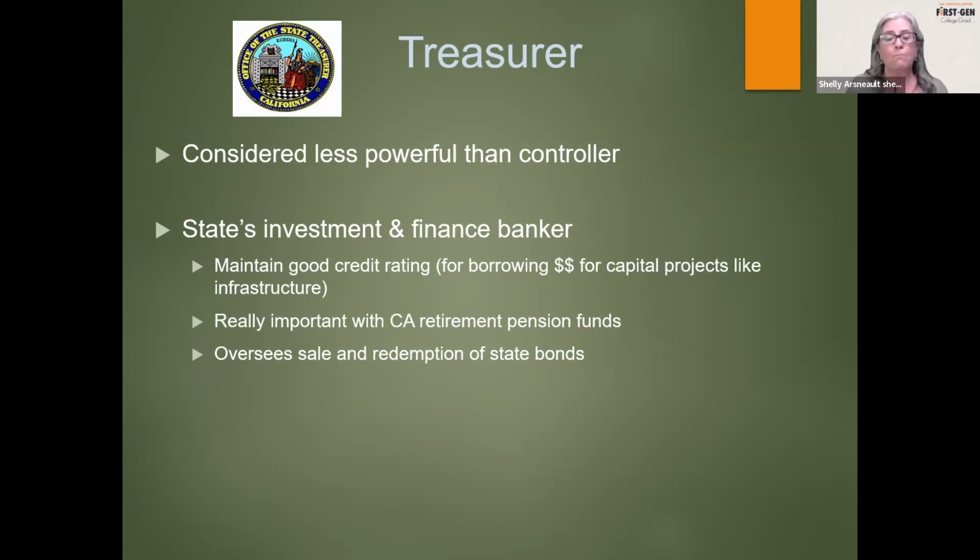And that's for capital projects, often things like infrastructure. So again, when our investments are good, which the treasurer is in charge of, when the economy is good, our credit rating will be good. It's more advantageous for us to borrow, just like in your own personal world. This is really important.